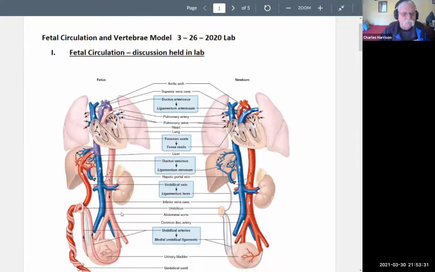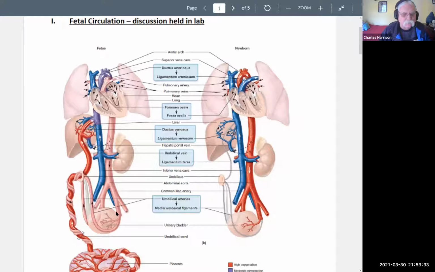So at birth, there are 4 things that happen. Start where we left off. The umbilical cord is lost. The ductus venosus shrivels up, becoming the ligamentum venosum. The ductus arteriosus shrivels up, becoming the ligamentum arteriosum.